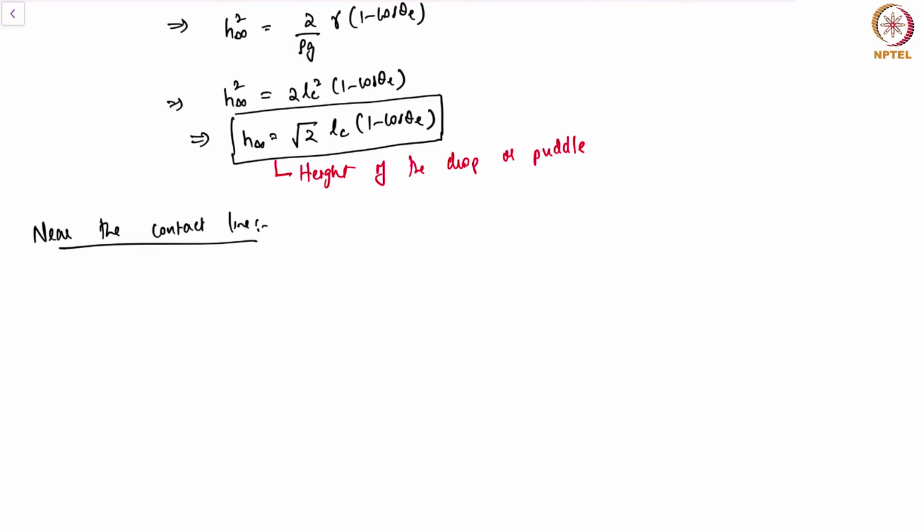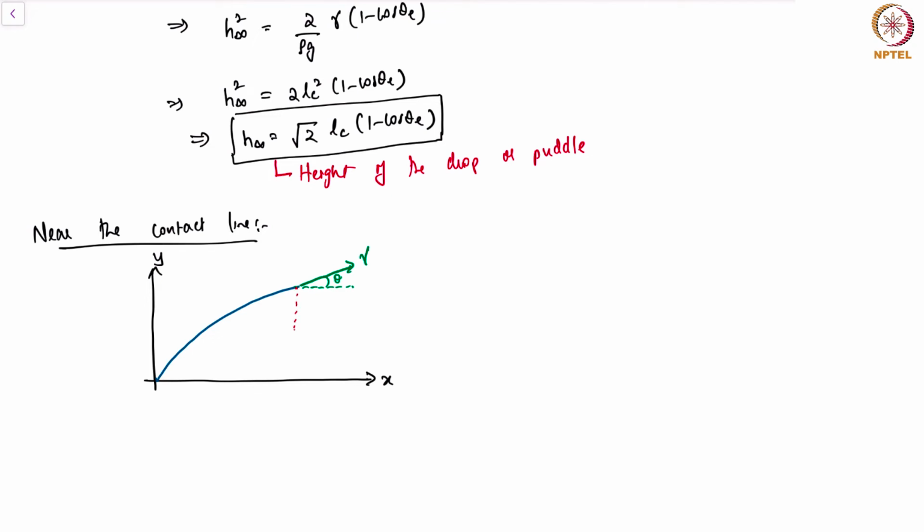I have my coordinate system x and y. I have an interface here, and now the forces are as follows. This is gamma, and at this location the local angle is, let's say, theta.